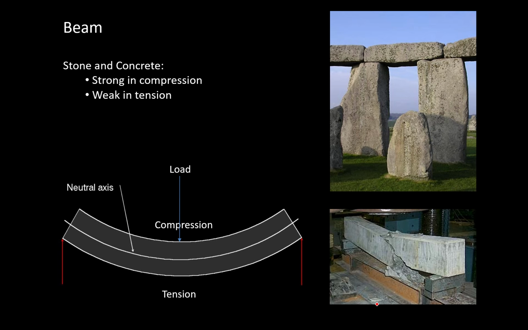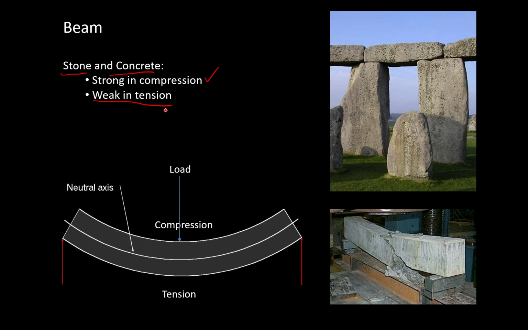Stone and concrete are really strong in compression. Like you could stack stones on top of stones on top of stones on top of stones, and they don't crush. Right? It's like the one at the bottom isn't going to just immediately crush and turn into dust. However, stone and concrete are weak in tension.